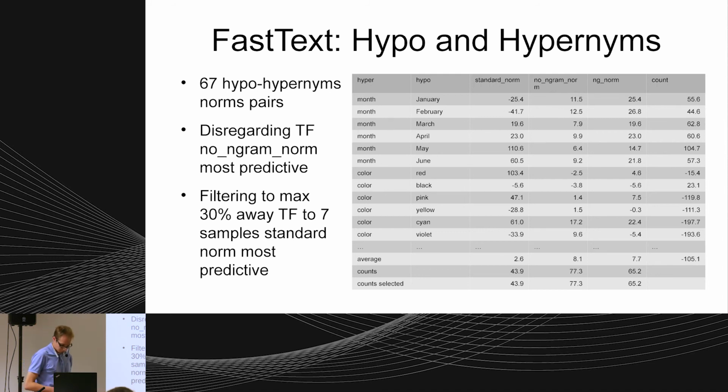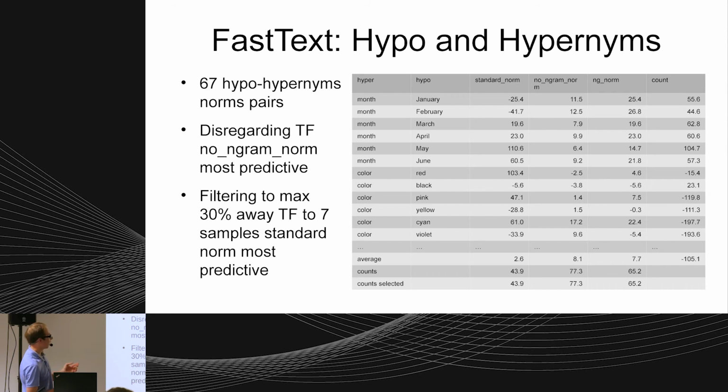So how to show that there is really this relationship between vector norm and word significance, or word specificity. You can call two words related to each other when one is a hypernym and the other a hyponym.